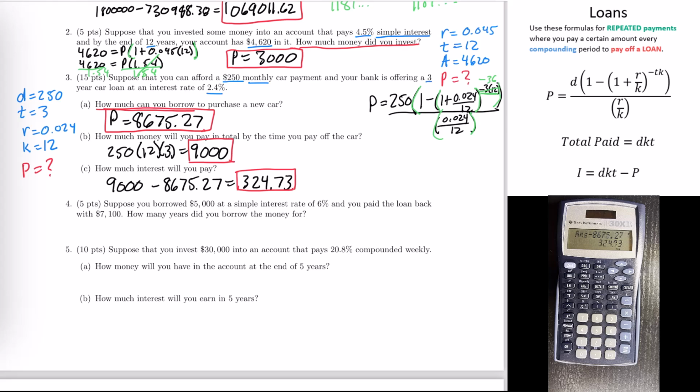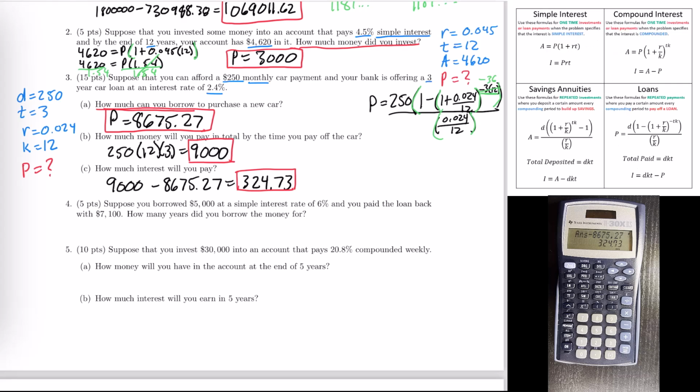On question 4, it says, suppose you borrowed $5,000 at a simple interest rate of 6%, and you paid the loan back with $7,100.